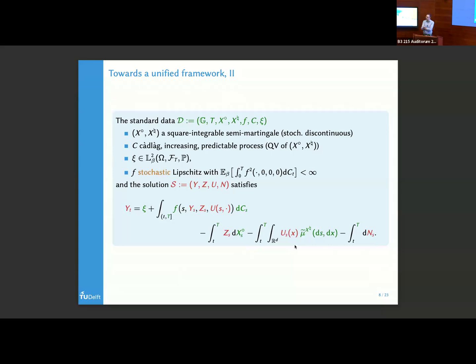This is like the stochastic integrals which are not spanned by these two martingales. It is just an orthogonal component.